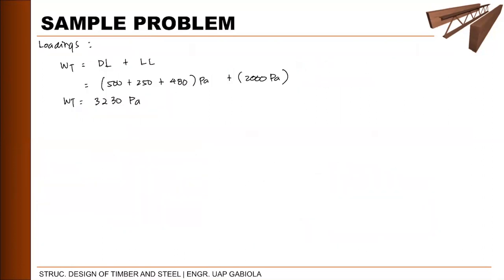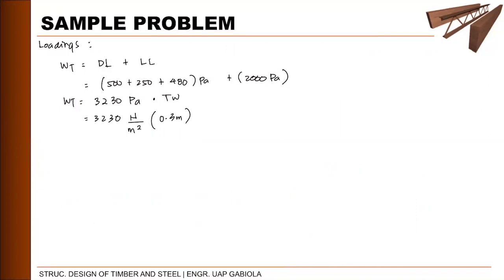So 300 mm. So again, si Pascal is 3,230 Newton per meter squared. Then multiply natin ng kanyang tributary width, okay, na 0.3 meters. Okay?